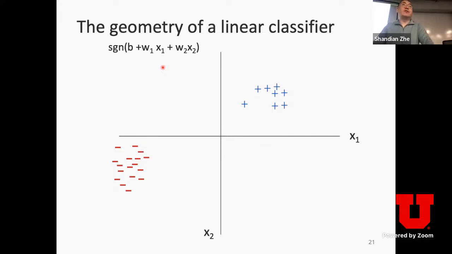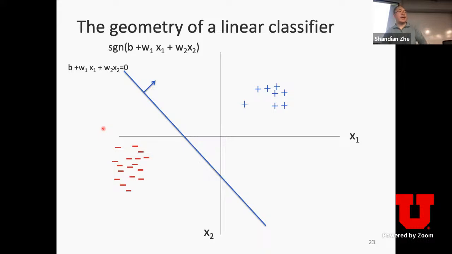From the geometry we have learned, there will be a boundary. The boundary corresponds to the equation that the score is 0. All the points on the right-hand side of this boundary will be classified as positive, and on the other side, those points will be classified as negative. So this is the geometric meaning of a linear classifier.